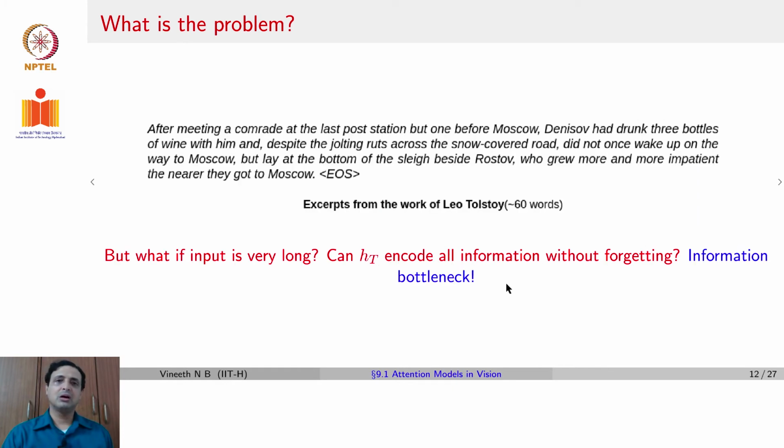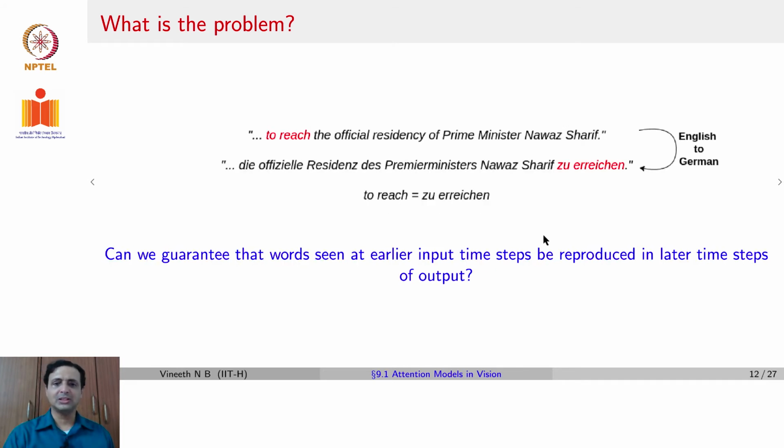Now let's consider a longer sequence. If you considered language processing and a large paragraph, if your input is very long, can your ht, the hidden state at any time step, encode all this information? Not really. You may be faced with the information bottleneck problem in this kind of a context. So if you considered a sentence such as this one here, which has to be translated to German, can we guarantee that a word seen at earlier time steps can be reproduced at later time steps?